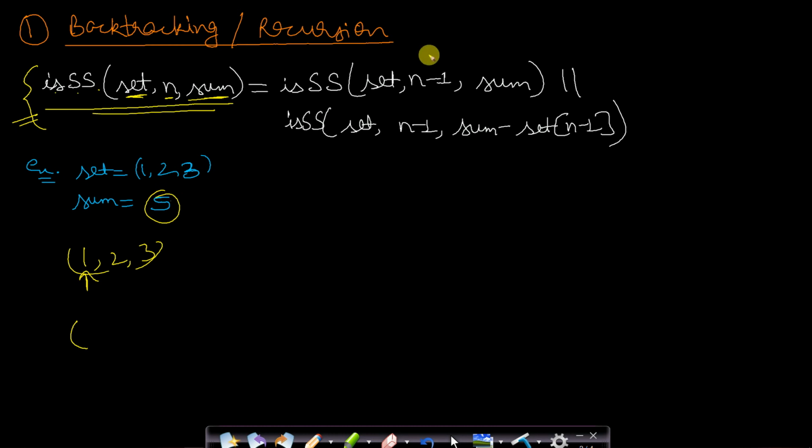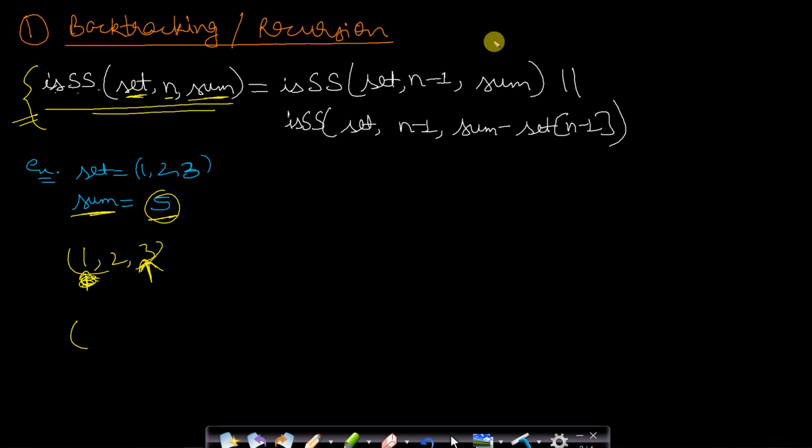Now if we do not include the current element, we are actually starting from the last element. This recursive formula suggests that we are starting from the last element. Now in order to find a subset whose elements sum up to this 5, we can either include this element or exclude the current element.